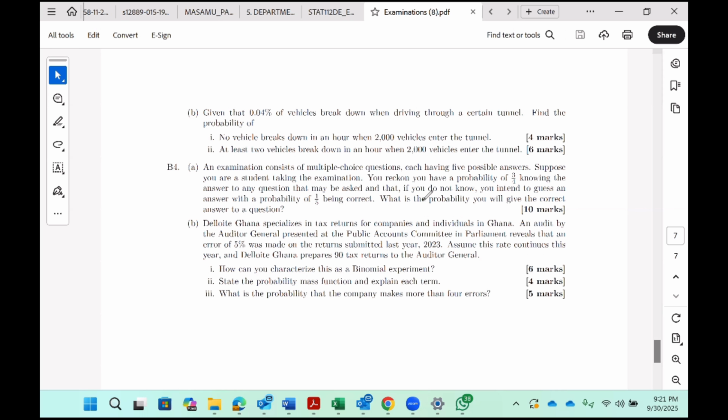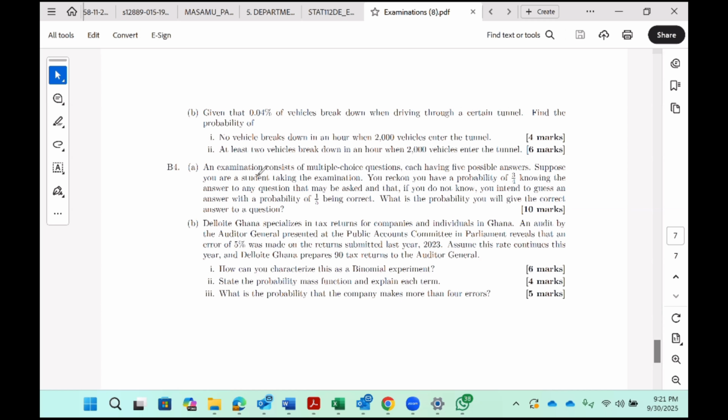And that if you do not know, you intend to guess an answer with a probability of 1/5 of being correct. What is the probability that you give the correct answer to a question?